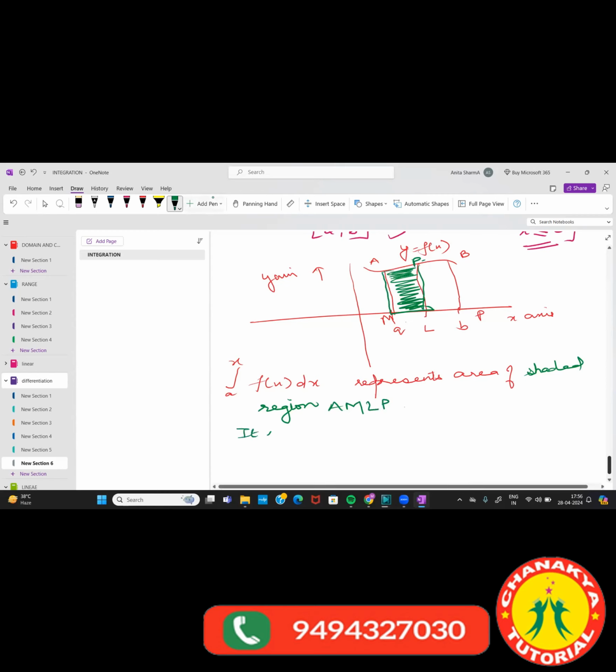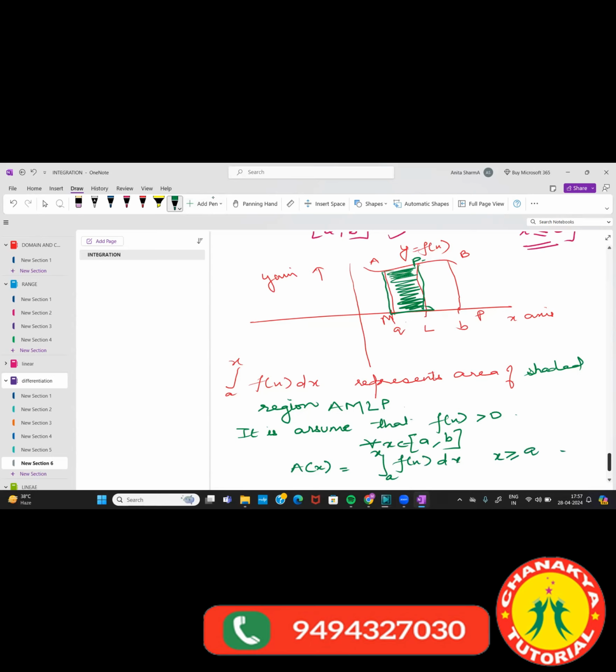And it is assumed that the function is positive for all x belonging to the closed interval [a, b]. Okay. So your area function of x will be the integral from a to x of f(x) dx, where x is greater than or equal to a.